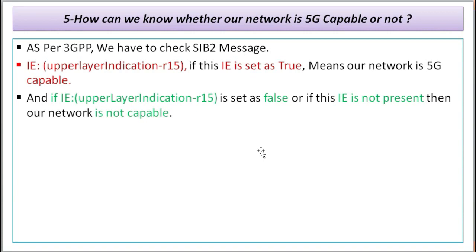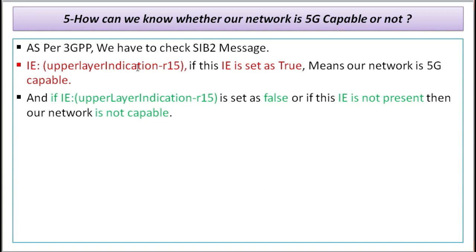As per 3GPP, the third generation partnership project, we have to check the SIB2 message. Here is the IE which shows upper layer indication release 15. If this IE is set as true, it means our network is 5G capable.